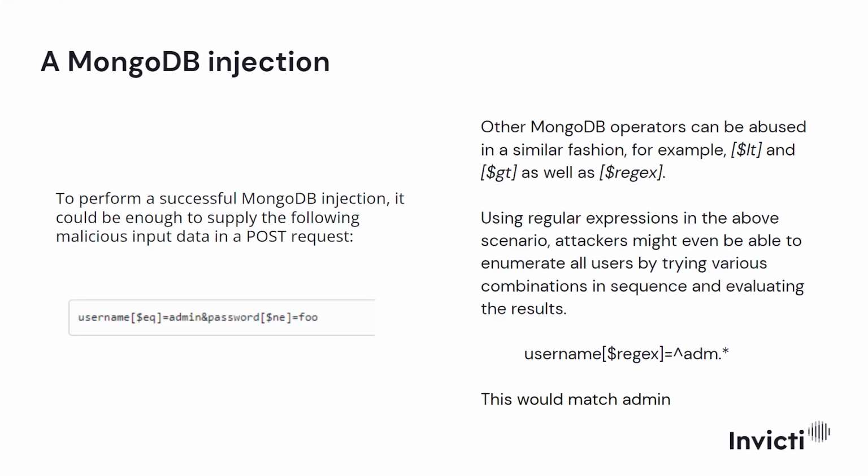For example, the below username regex equals, and then the start of the admin username would still match. So we could just use this to log in as the admin user and therefore enumerate different users, or just take over the account of a random user if we want to.